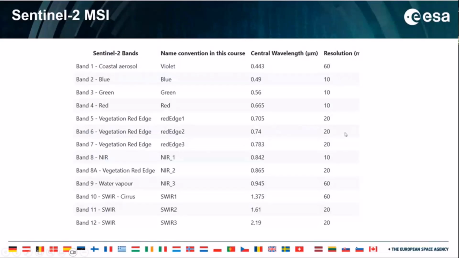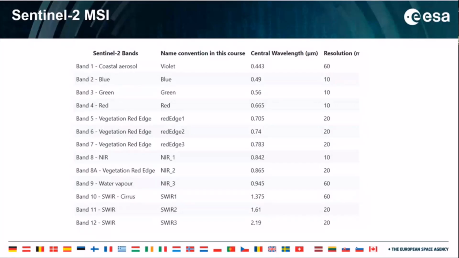The most important observation is that these bands have different spatial resolutions. If you take band 1, which is at 0.44 micron, which is 443 nanometers, it has a 60-meter resolution. The second band, which is also in the blue part of the spectrum, at about 490 nanometers, has a 10-meter spatial resolution.